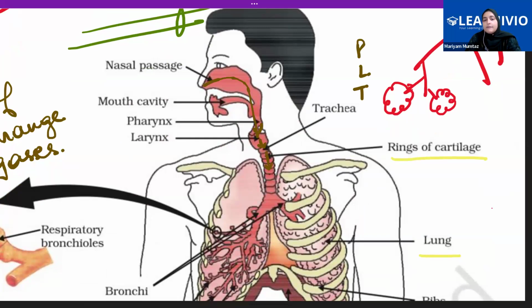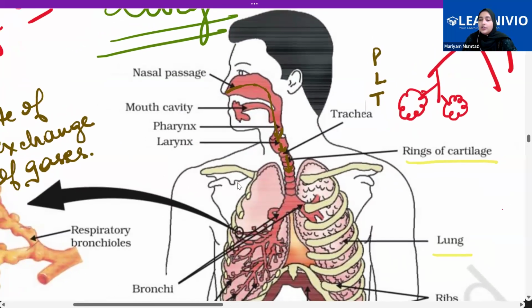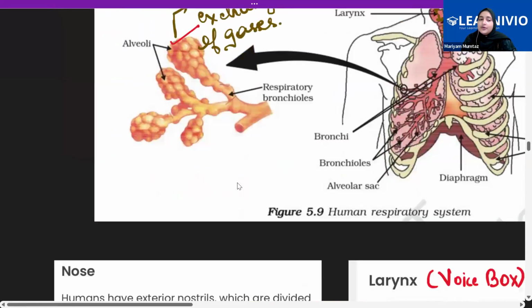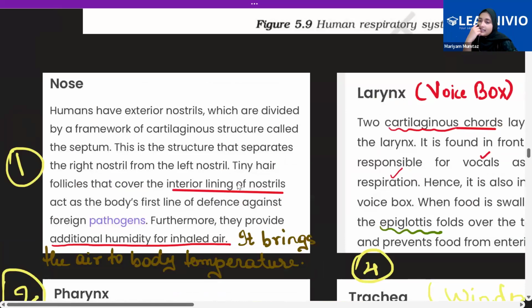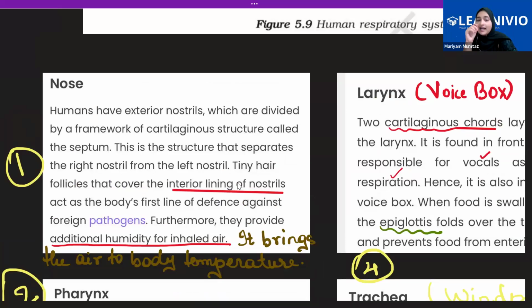Now see students, like I told you about the benefits of breathing through the nose: it clears the air of the dust and everything, and it humidifies the air. That is why you might have heard people say that it is not good to breathe through the mouth. Have you heard people say this to you? Sometimes, when we have a cold or nasal congestion, we start breathing through our mouth.